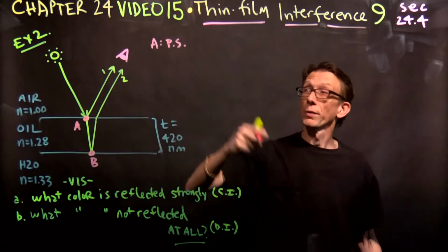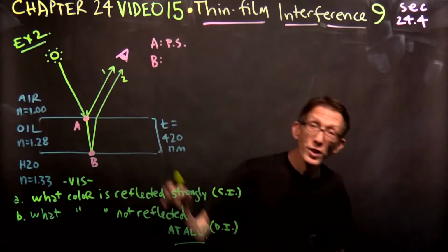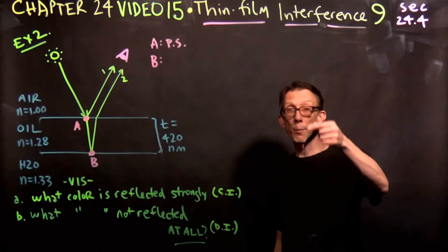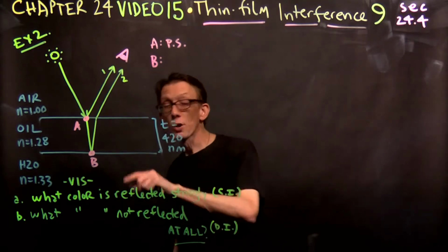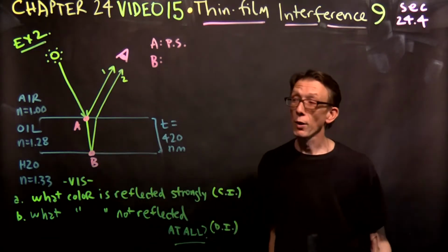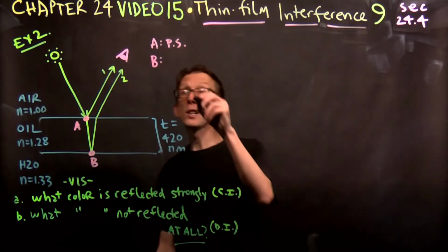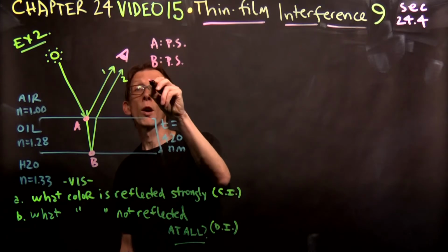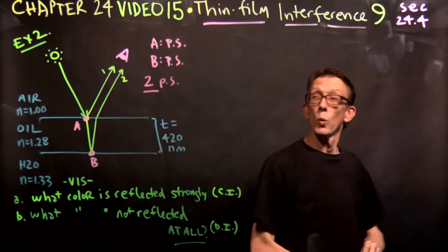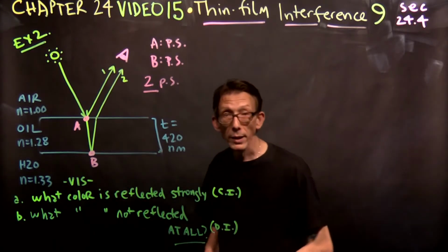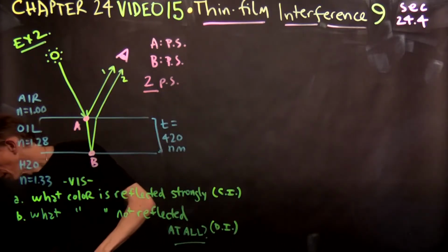So there's going to be a phase shift at A. And at B, there's also going to be a phase shift. This is different than the last example with the soap film, because H2O has a higher index than the oil, 1.33 versus 1.28. So there will be a phase shift at B also. So now there are 2 phase shifts, one at A and one at B.